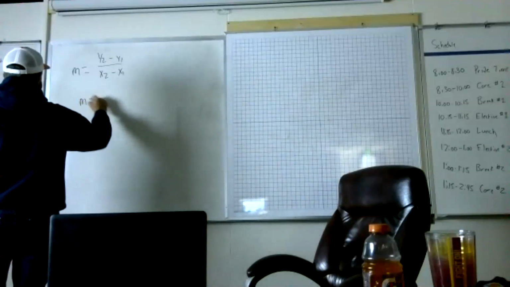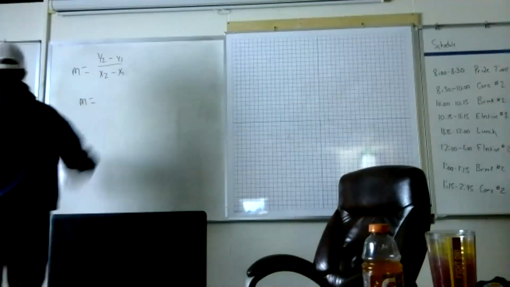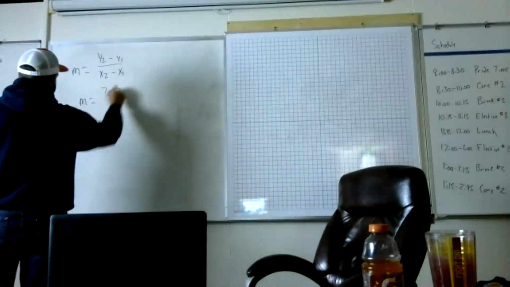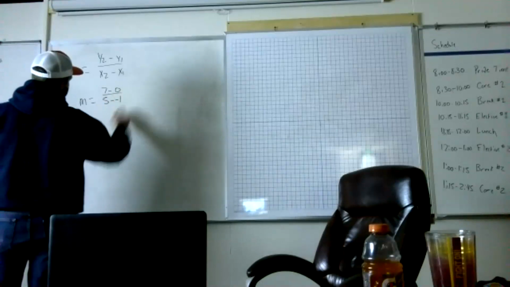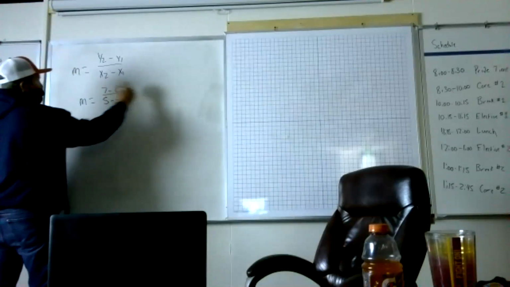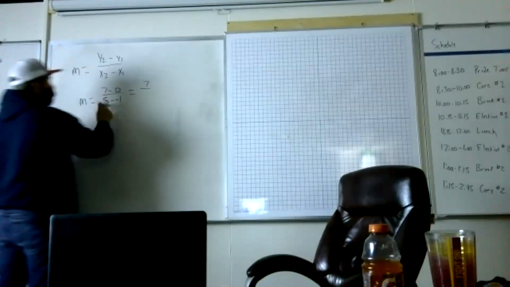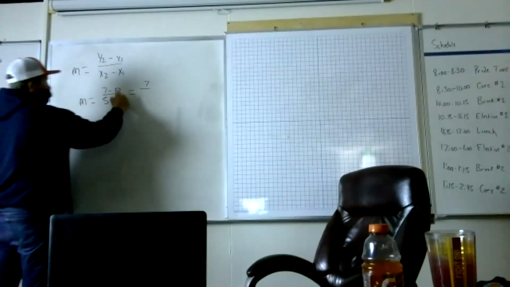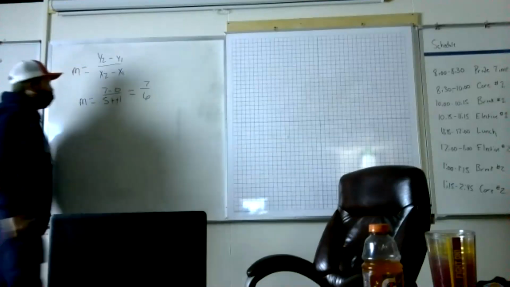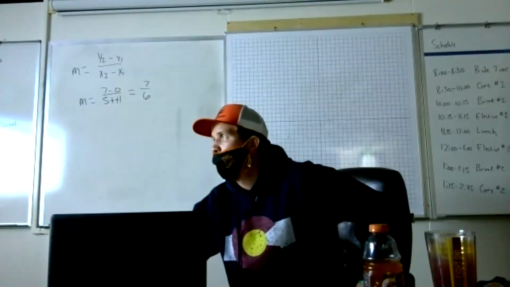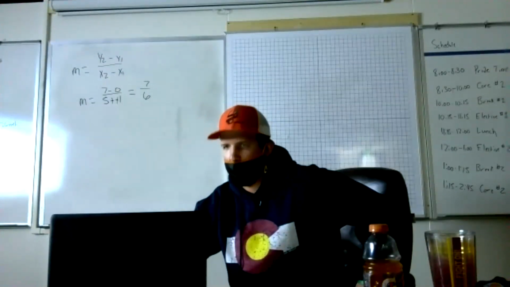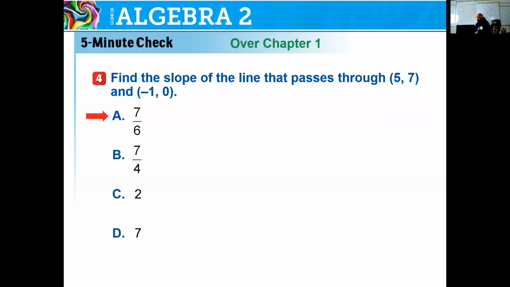So M is going to be equal to 7 minus 0 over 5 minus a negative 1. 7 minus 0 is simple. That's 7. 5 minus a negative 1 in all reality is 5 plus 1. So we should have 7/6. Right there, simple slope equation.